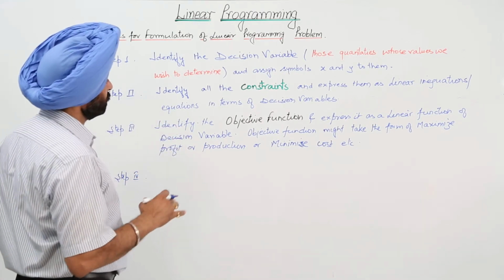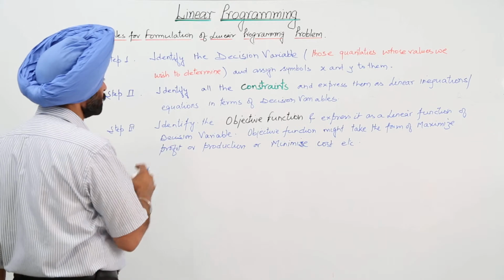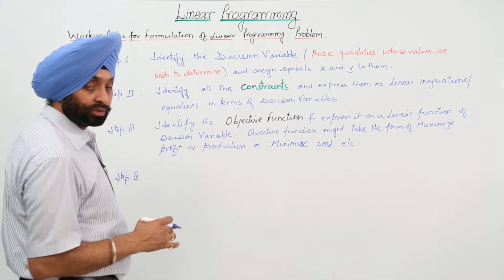Now, we have found the objective function, we have found the constants, and in the beginning, we found the decision variables.